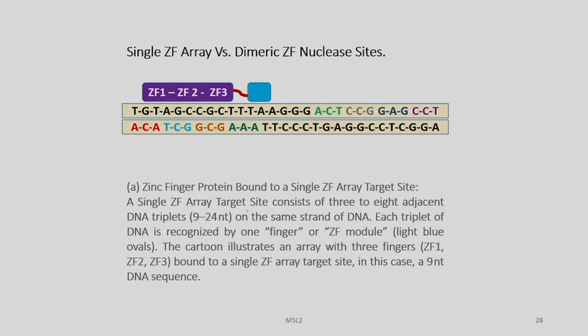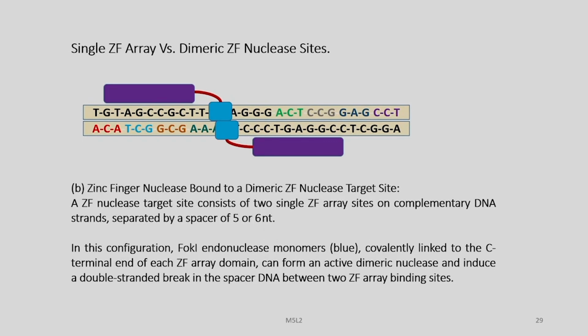A single ZF array target site consisting of 3 to 8 adjacent DNA triplets or 9 to 24 nucleotides on the same strand of the DNA. Each triplet of DNA is recognized by one finger or ZF module. The cartoon illustrates an array with 3 fingers bound to a single ZF array target site, in this case a 9 nucleotide DNA. So, here is the single ZF array versus dimeric ZF nucleases, and here you have 2 partners.